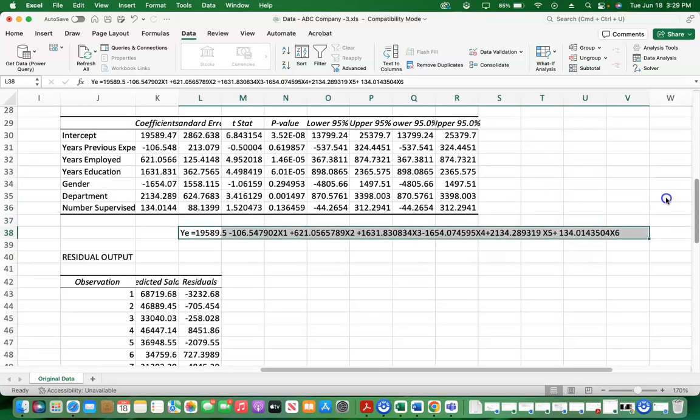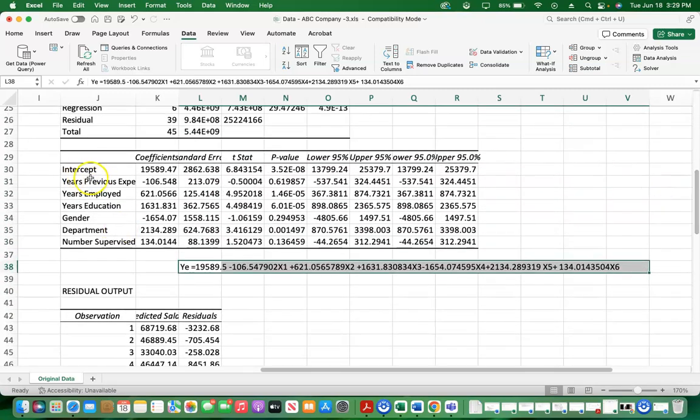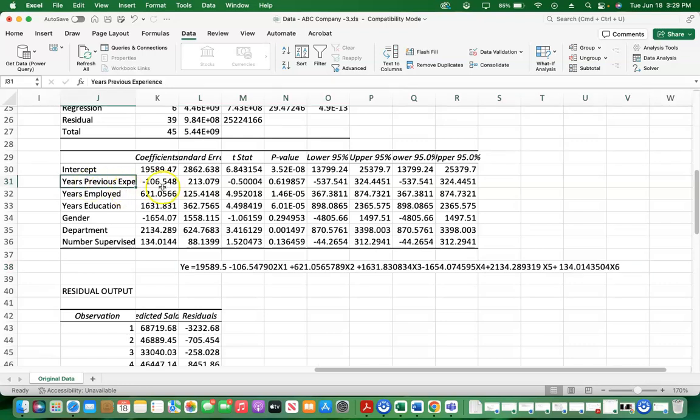So if you come down here, we don't have to consider the p-value for the y-intercept, but we'll start with this slope of years of previous experience to see if it's significant.